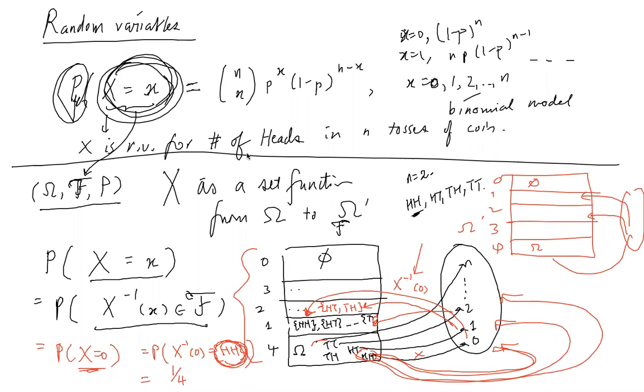Understanding what a random variable is, is important, so these examples will help you. So that's all for the summary up to this point.